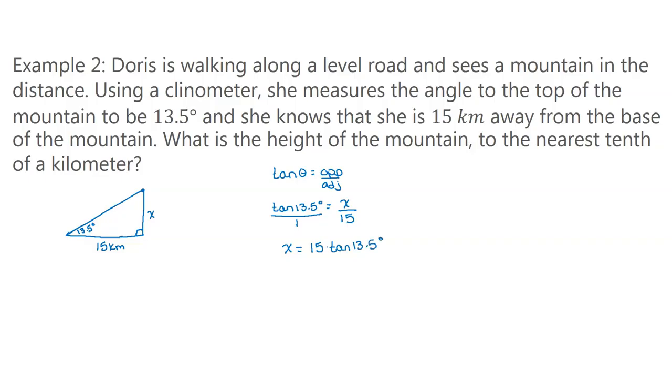So when x is in the numerator, that is great because we don't need to isolate x. X is already isolated. We can just go ahead and multiply 15 by tan of 13.5. And doing that should give you a value of 3.6. So now we can say that the height of the mountain is 3.6 kilometers.